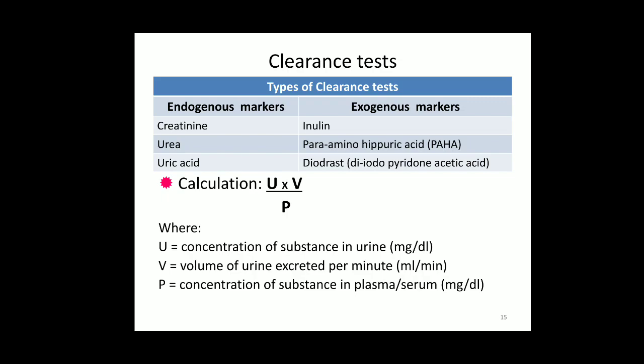U is the concentration of creatinine in urine, V is the volume of urine excreted per minute, and P is the concentration of creatinine in plasma or serum. We put all these three values in and calculate the clearance. If it is for urea, you measure urea concentration in urine and in serum, put it in this formula and analyze.